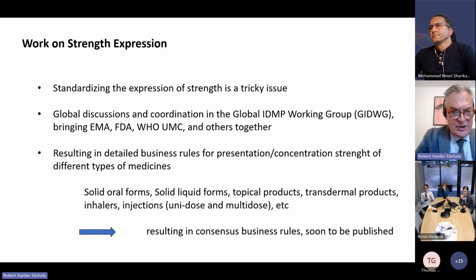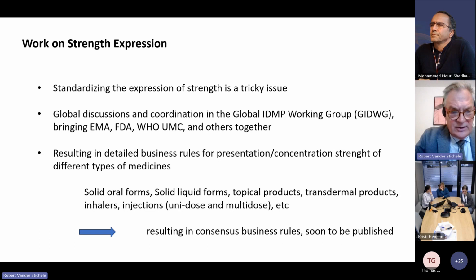Work on strength expression. Standardizing the expression of strength is a tricky issue. Shall we talk about 125 milligram per 5 milliliter, or shall we talk about 25 milligram per 1 milliliter? All this needs to be standardized. There's a global discussion and coordination in a working group called the Global IDMP Working Group, the GIDWG, which brings together EMA, FDA, WHO from Uppsala, and others.